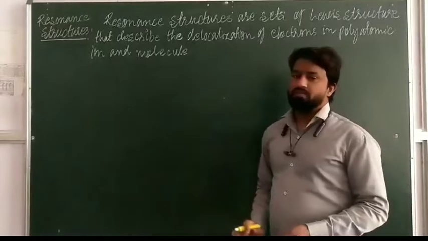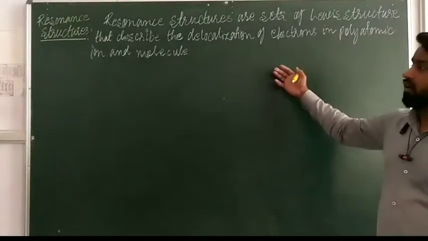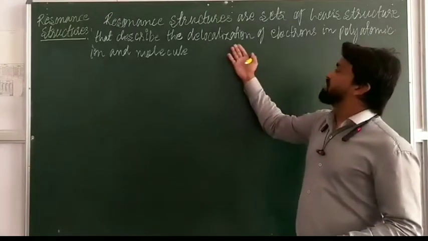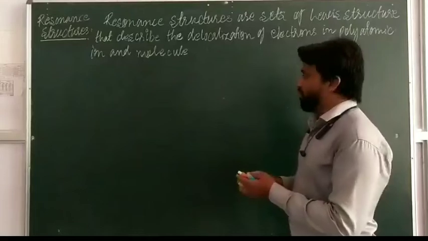Resonance structures are basically a set of Lewis structures, in which we describe the delocalization of electrons in polyatomic ions and molecules.